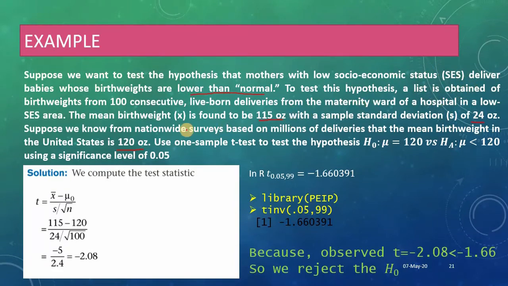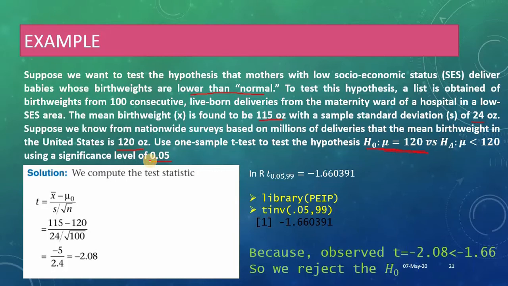Now is it by chance, or is it something different or significant that we have caught here, that we want to test? So for the one sample t-test, the null hypothesis is that mu is equal to 120, the population mean, which is equal to the sample mean here as well, and our alternative hypothesis is mu is less than 120, that is, lower birth weights have been reported by lower socioeconomic mothers, using a significance level of 0.05.